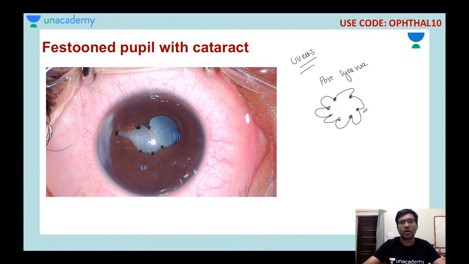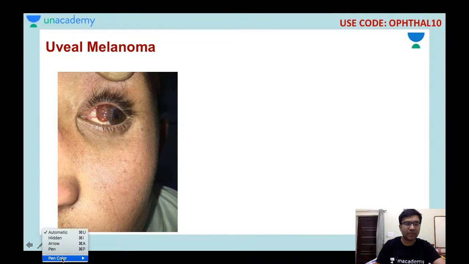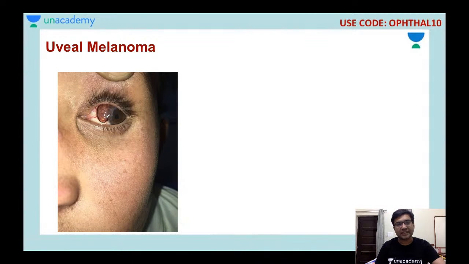Chalo, let's move to our third picture. This is basically a patient of uveal melanoma. If you can see, there is uveal tissue which is protruding from the scleral area. And remember, uveal melanoma is the most common primary intraocular tumor of adults.